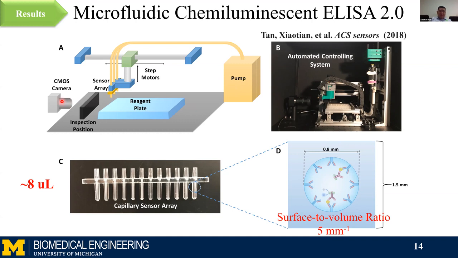The reason that we choose to use the chemiluminescent way for taking measurements is we want to get rid of all the unnecessary parts. If you decided to use absorbance measurement or fluorescent measurement, we need an external excitation light. But for chemiluminescent, this is not required. The only measurement device we have is a CMOS camera. Oh, by the way, this system was developed in collaboration with the startup company, Optofluidic Bioassay.